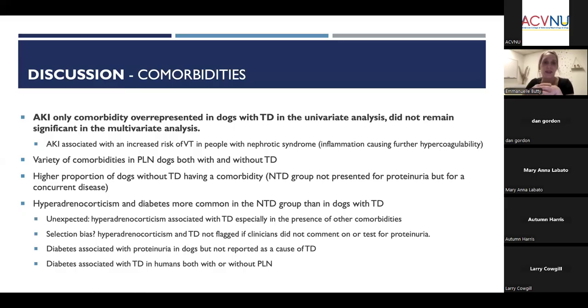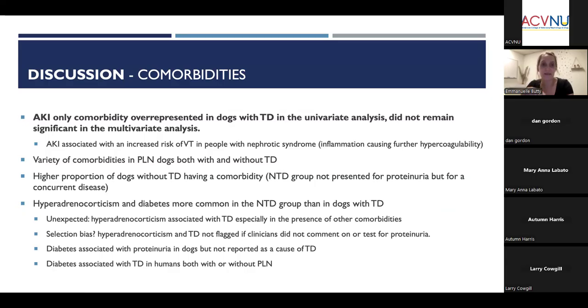So AKI has been associated with an increased risk of venous thrombosis in people with nephrotic syndrome, but it's not necessarily something that we have described in veterinary medicine. And there is definitely a variety of comorbidities in PLN dogs, both with and without thrombotic disease in this study. So that's what was hard to assess.